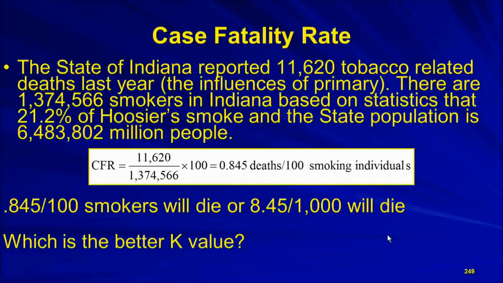Now, if we're looking at the case fatality rate, we're looking at those who die of tobacco-related deaths over those who smoke. And as you can see, it comes out roughly, it's not quite one person per 100 individuals who smoke, but if you change it to 1,000, it comes out to 8.45 per 1,000 will die.